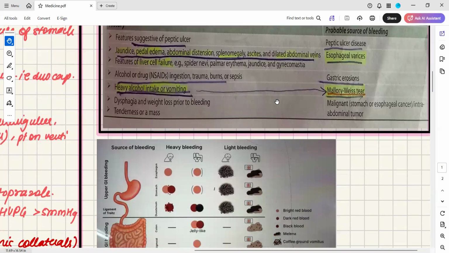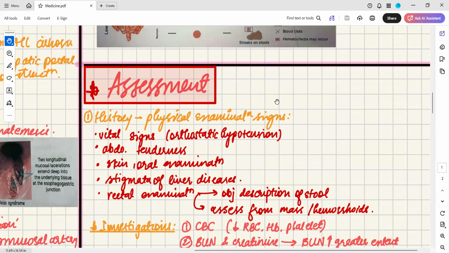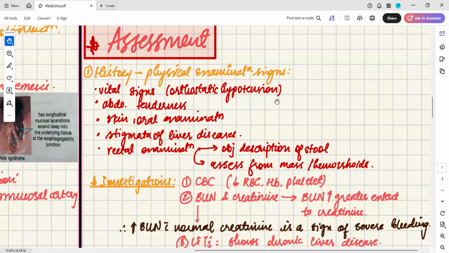Now, for the assessment of upper GI bleed, we have to look at the history, the physical examination signs, the investigations, and what the investigations show. We look for vital signs and orthostatic hypotension, like if the patient is dizzy or hypotensive.